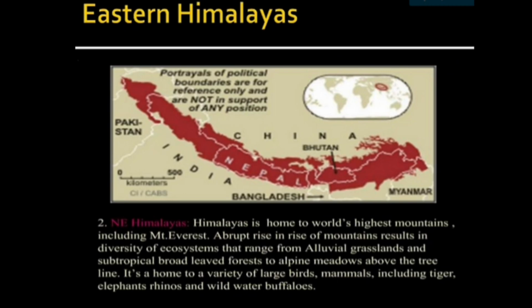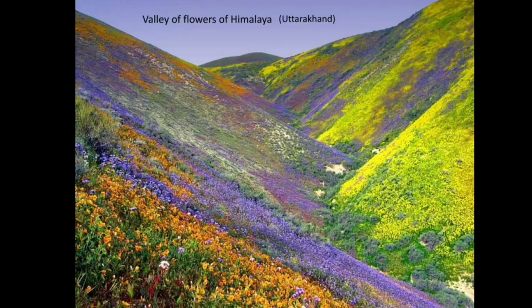It is home to a variety of large birds, mammals, including tiger, elephants, rhinos, and wild water buffaloes. This picture, which is from the Himalayan region located in the Uttarakhand, is the Valley of Flowers.